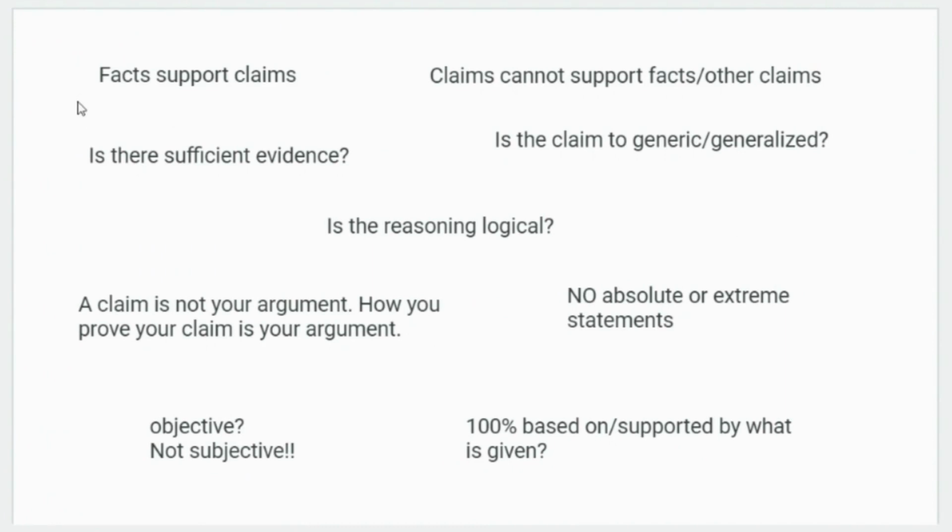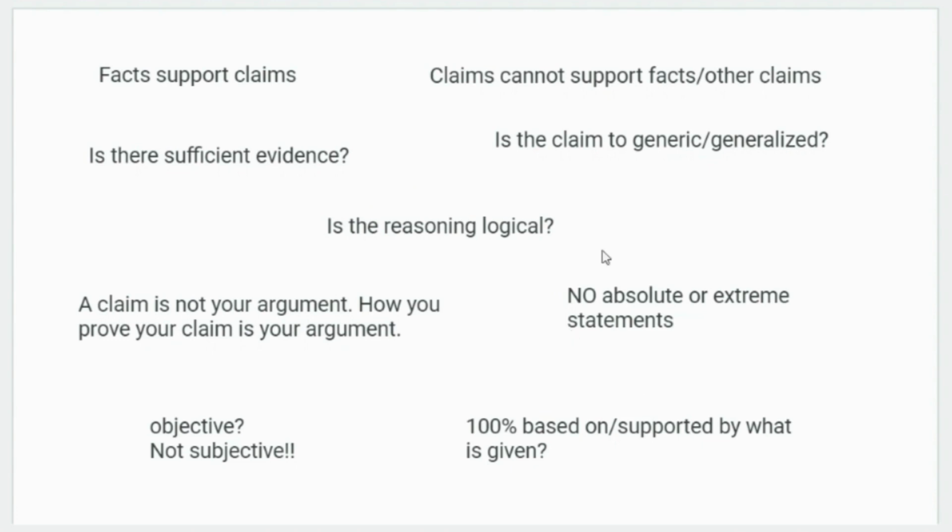Now, facts. So we saw that facts support claims, right? They can be evidence, but claims cannot support facts. You cannot support an observation by making some claim that is not proven. Okay, you need sufficient evidence. The claim cannot be too generalized.